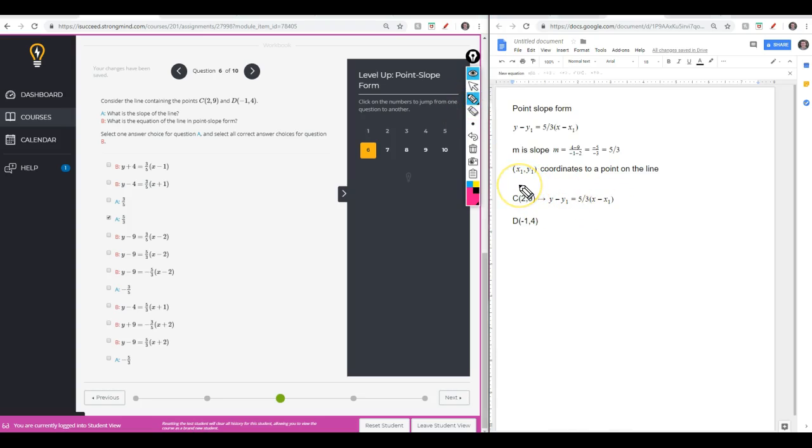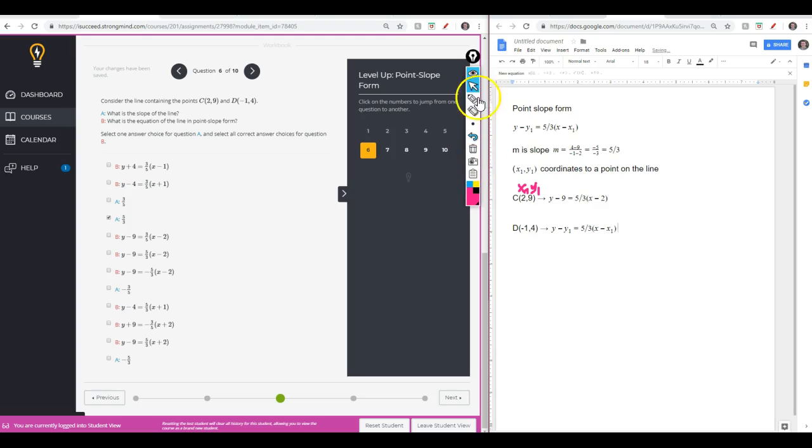This is going to be x1, y1, because it's the point on the line. So y1 is 9, so I'm going to replace wherever y1 is with 9, and x1 is 2, because it's the x coordinate, so I'm going to replace that with 2. That is the equation we would have for this line at that point.